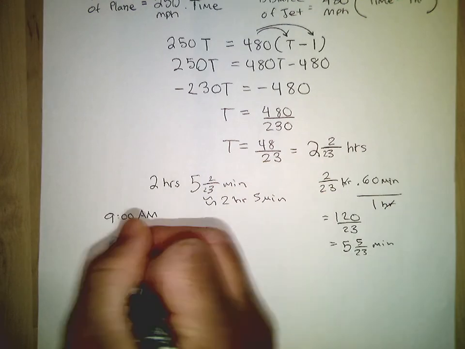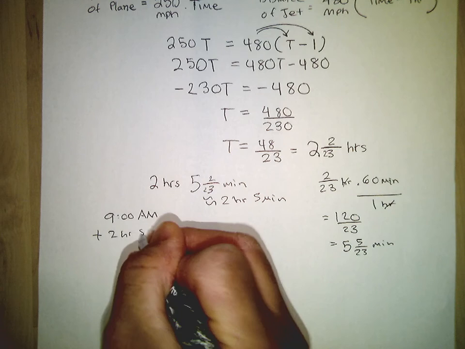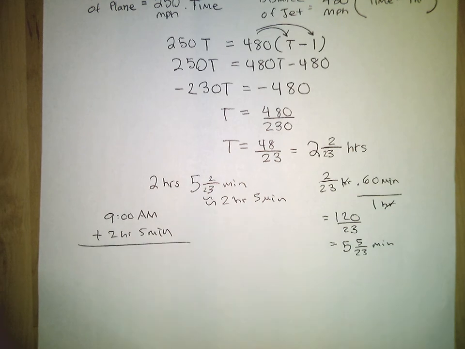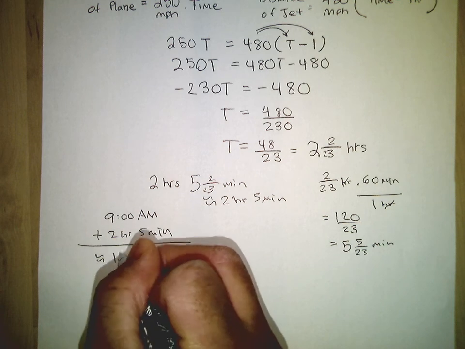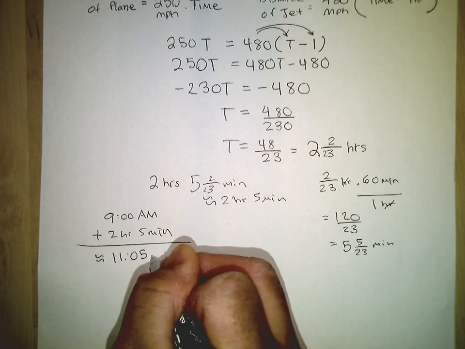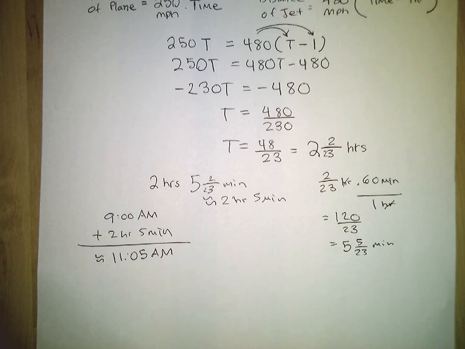If I add that time on, plus 2 hours, 5 minutes, the jet will overtake the plane at approximately 11:05 a.m. So 2 hours and 5 minutes later. What a time to be alive. I hope that you really enjoyed this example here. So let's try another example.